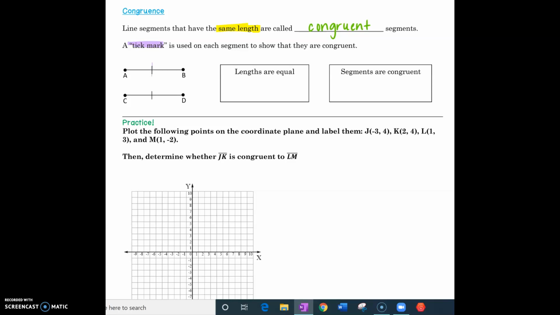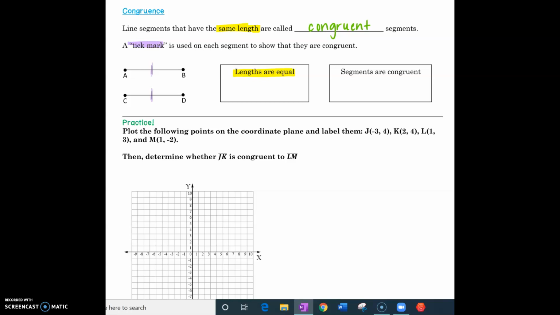So here there's a tick mark on AB, and there's a tick mark on segment CD, showing that AB is congruent to CD.